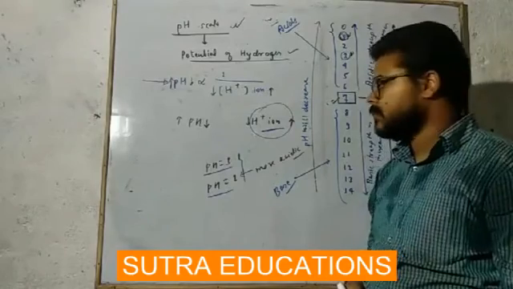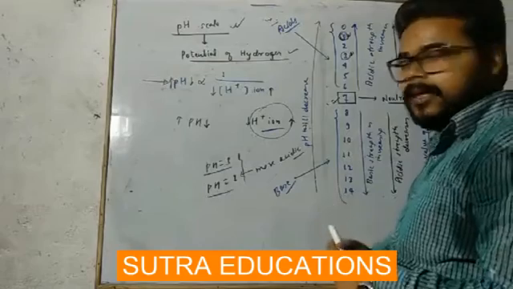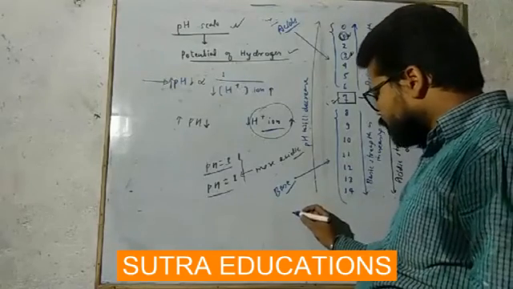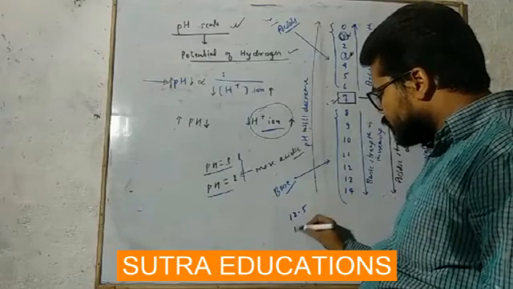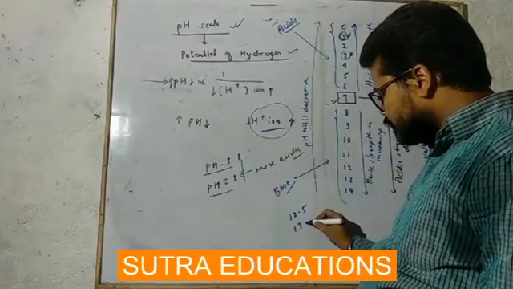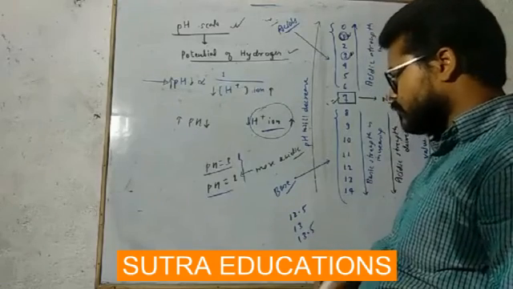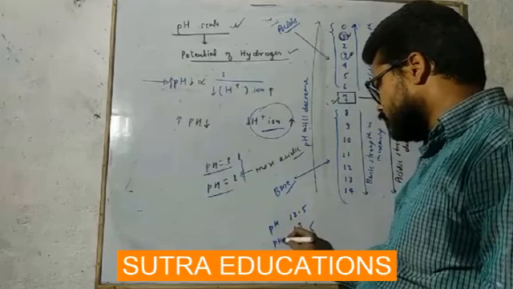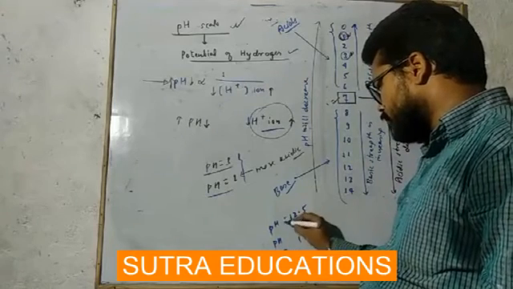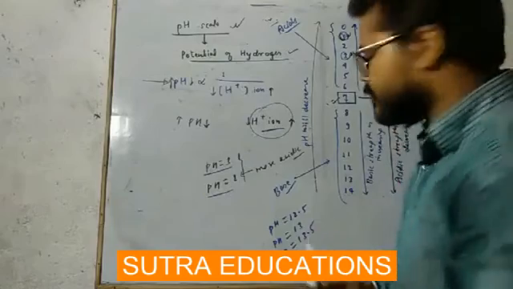Okay. Suppose you will be asked, there are three bases. One base has pH equal to 12.5, another has pH 13, and another has pH 13.5. You have to answer which one is the strongest base.